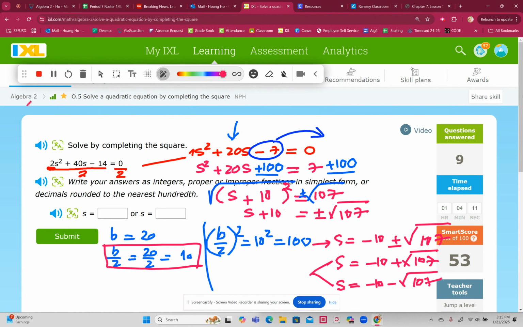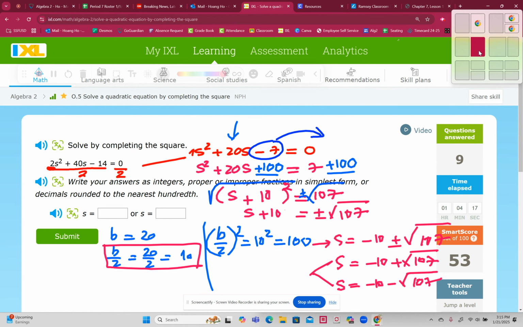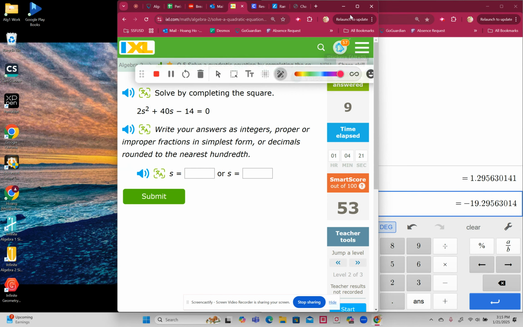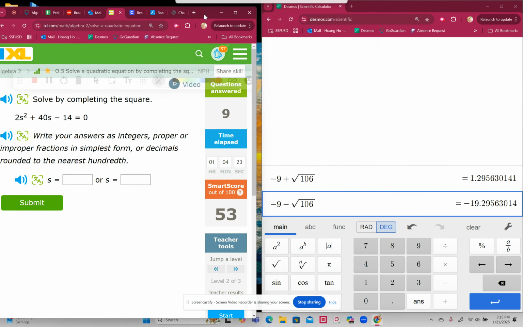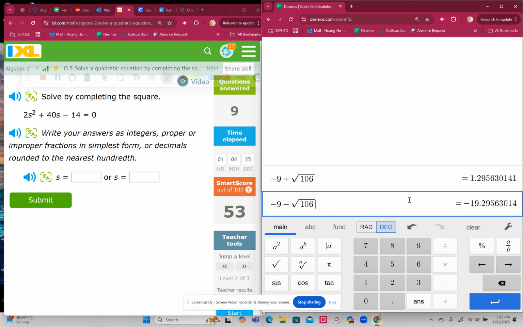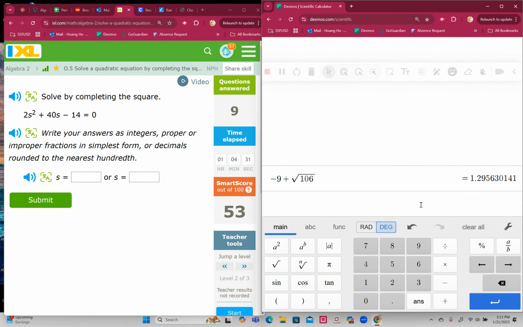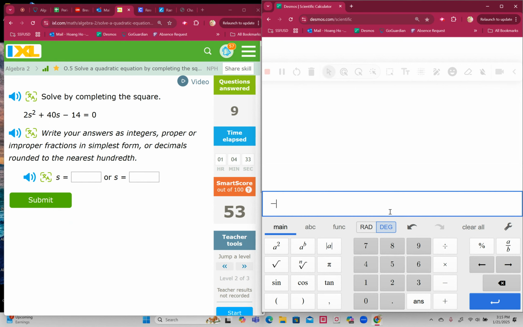Okay, I got my calculator. Clear it out. Negative 10 plus square root of 107.